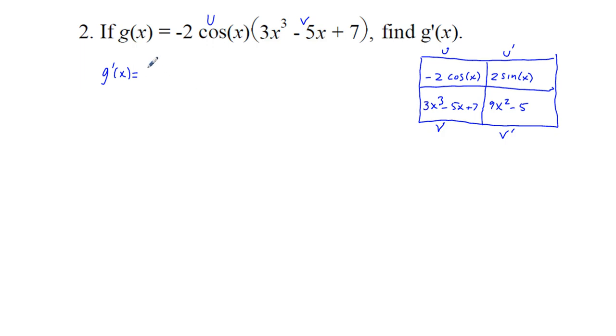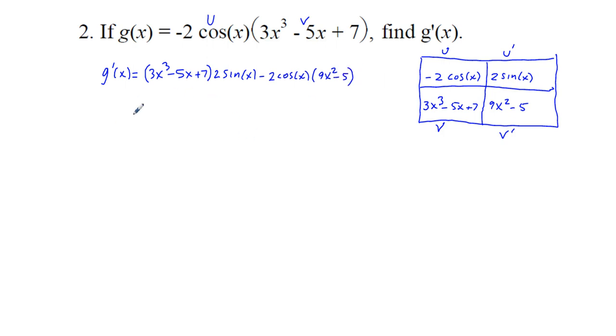So v is 3x cubed minus 5x plus 7, times u prime, which is 2 sine x, plus, well, we have uv prime, so we're going to say minus 2 cosine x times the quantity 9x squared minus 5.